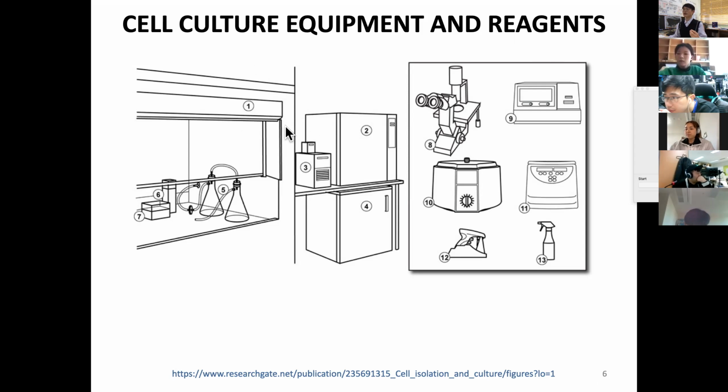You can see here a typical cell culture room. Number one is a laminar hood. Then this is an incubator. There are a number of other things.